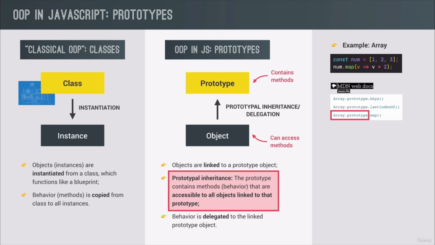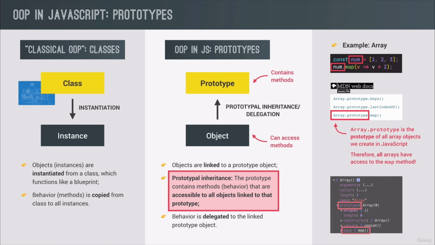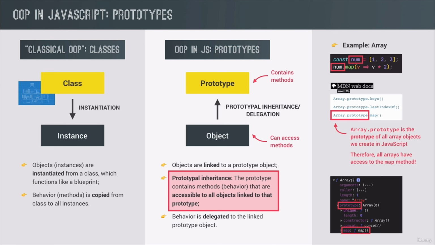Well, array.prototype is the prototype object of all the arrays that we create in JavaScript. So just like this example array called num here. Now this prototype object contains all the array methods, including map. So this is where they are actually defined. So since array.prototype is the prototype of the num array, it means that num is linked to that prototype, and therefore it has access to all the methods that are defined on the array.prototype object, just like the map method.